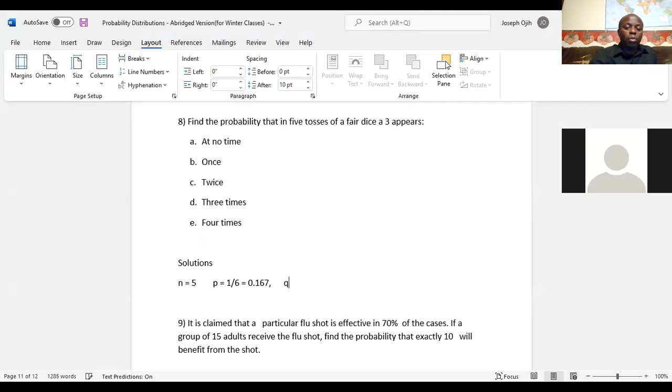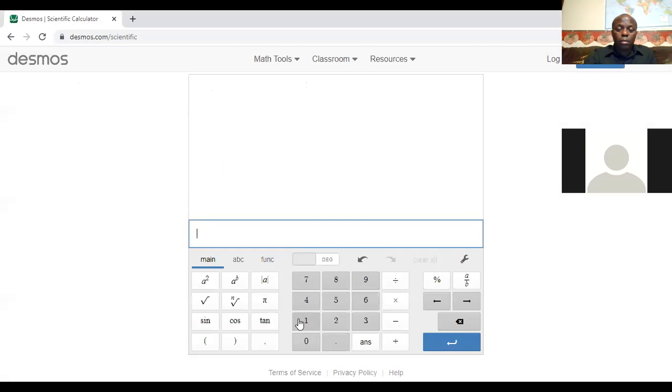And Q is always 1 minus P, which is 1 minus 0.167, which gives 0.833.